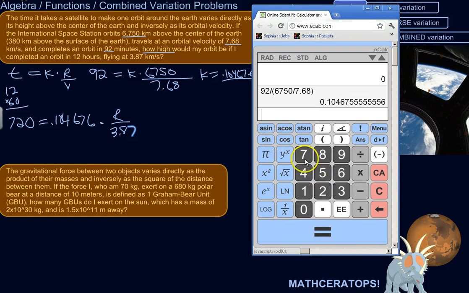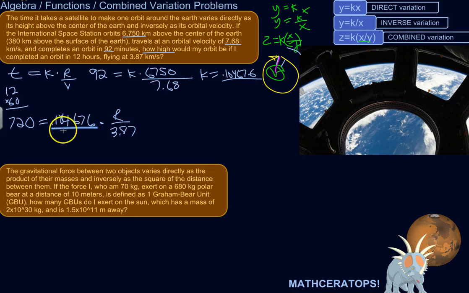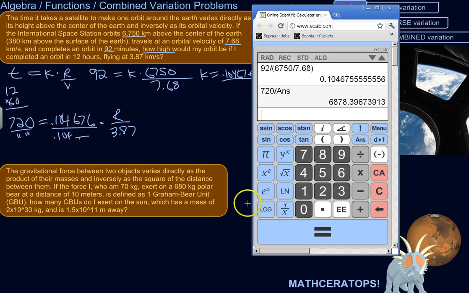So let's see. I'm going to divide 720 by our constant. I'm just being kind of lazy here and not writing out all those numbers. I get 6,878 roughly.